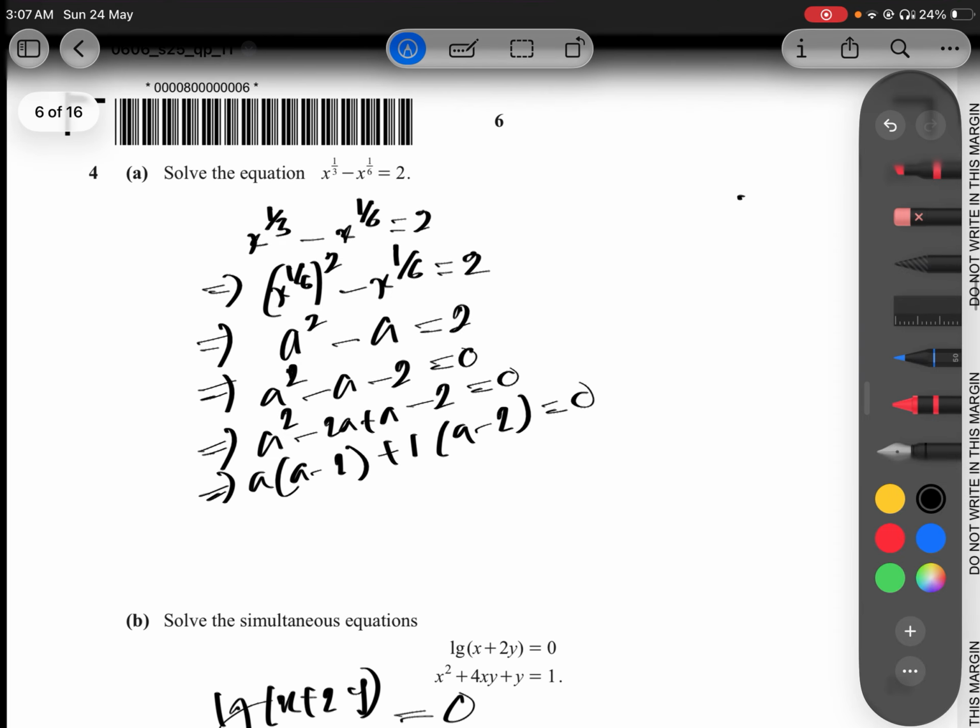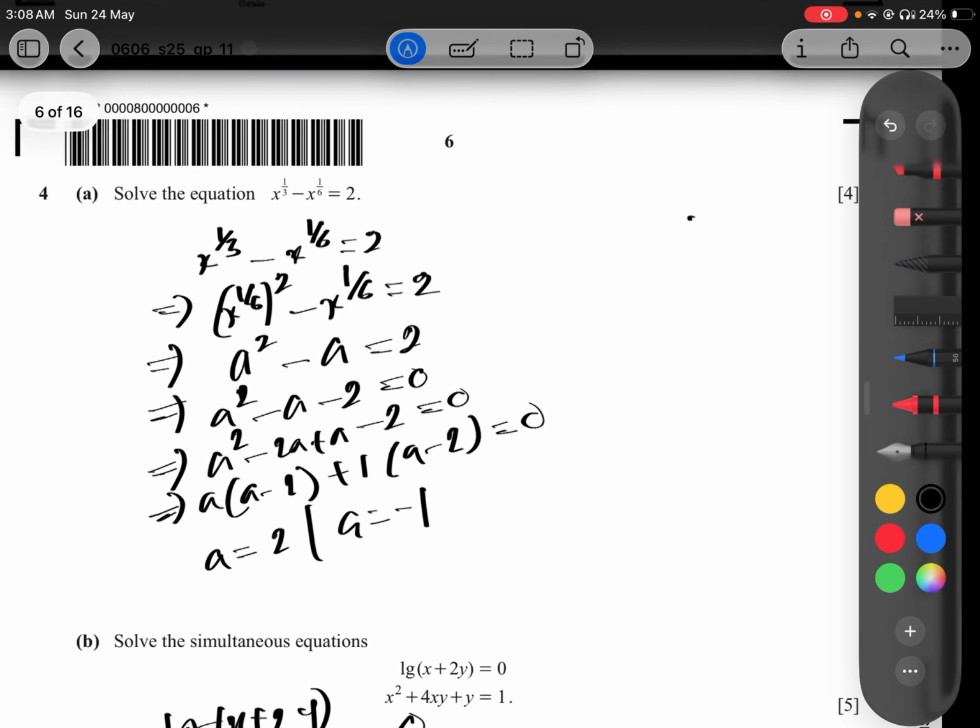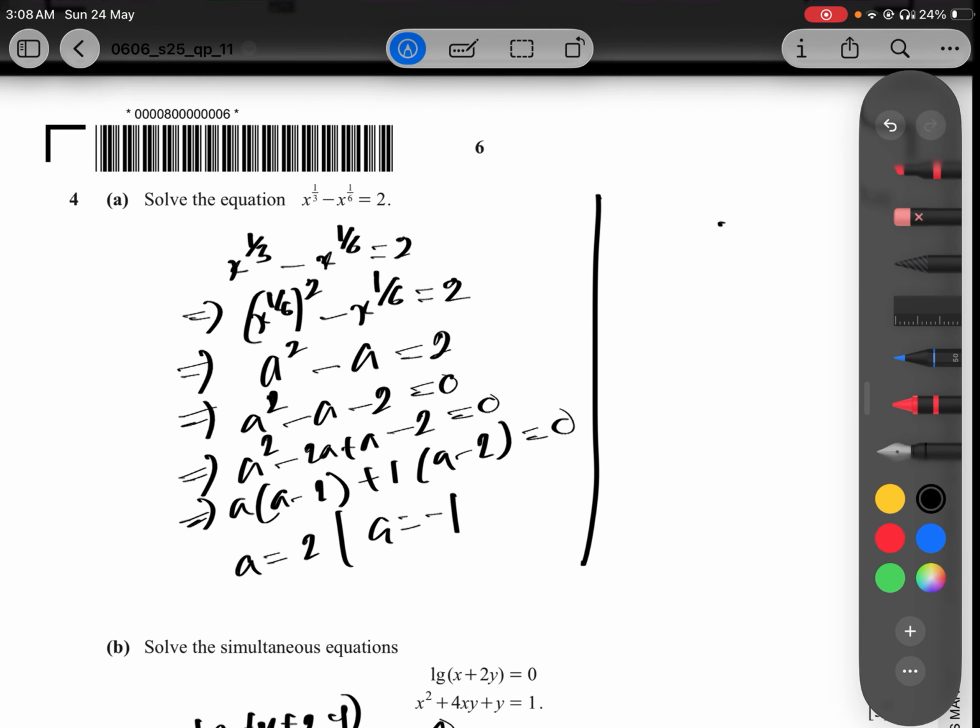Most probably I cracked it. So a is 2, a is equal to negative 1. So what I took here, x to the power 1 by 6 as a. So this is 2. So x is equal to 2 to the power 6, right? 2, 4, 8, 16, 32, 64.